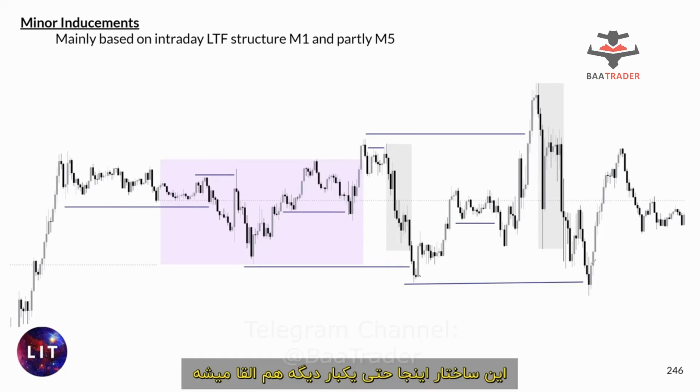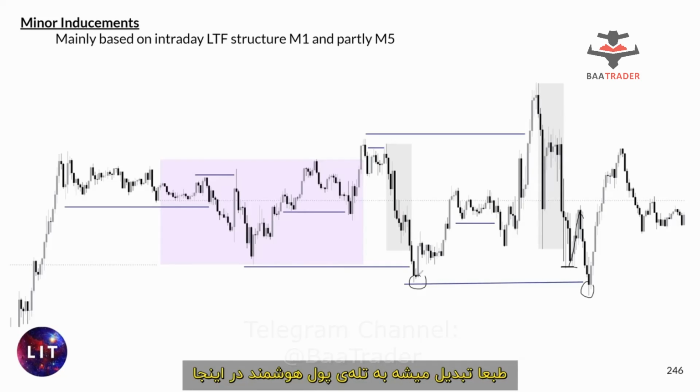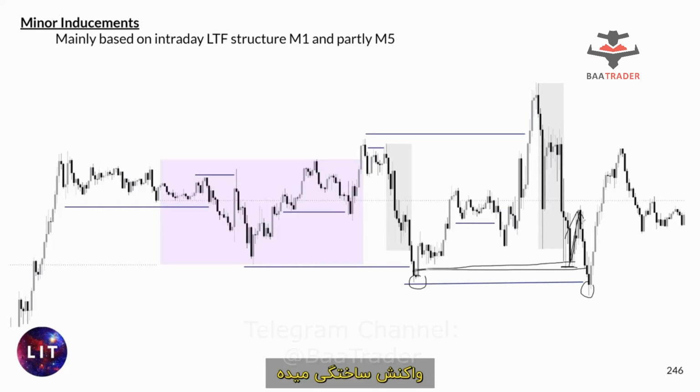After that, even this structure is getting induced once more, building up the liquidity first, giving a false pullback, becoming a smart money trap, giving the false reaction, and then the final inducement, and after that the pullback area to finish the day off.